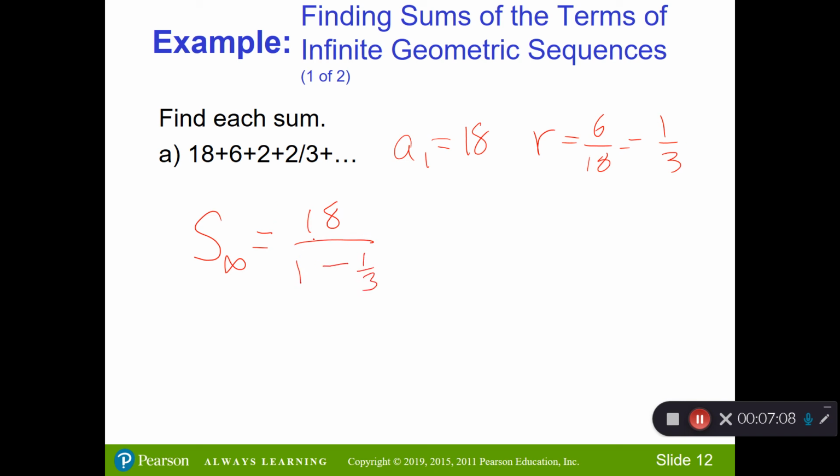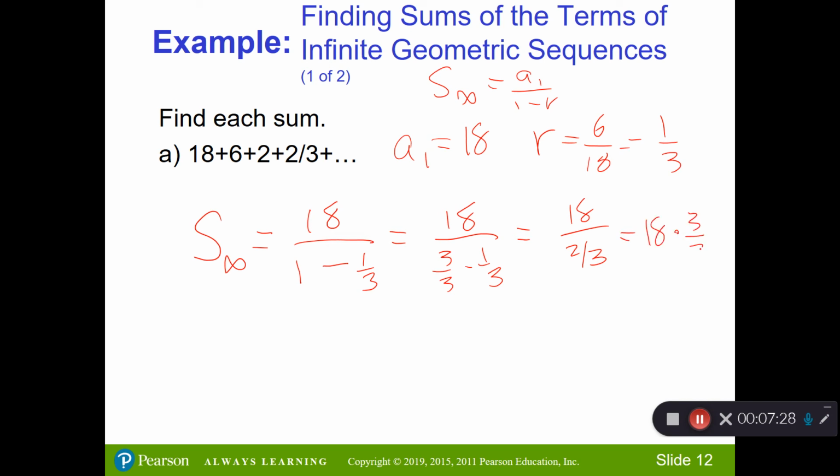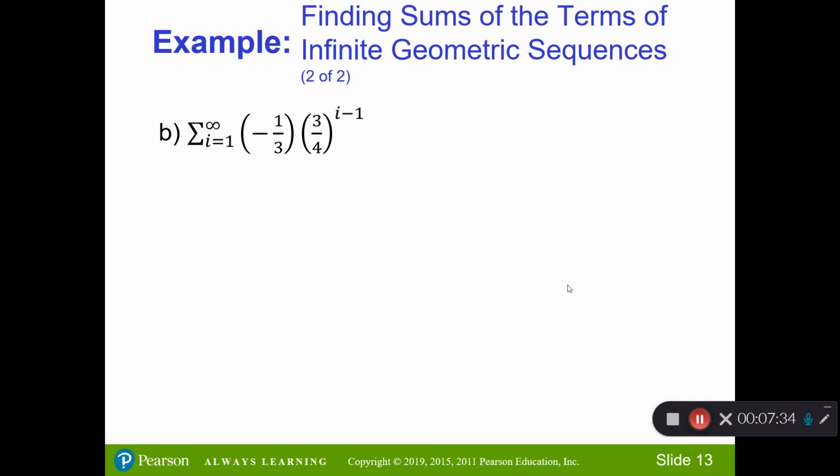This is directly the formula from the previous slide, A1 over 1 minus r. So that's 18 over 3/3 minus 1/3. So 18 divided by 2/3. So I'd flip it and multiply, making that 18 times 3/2. So 9 times 3 is 27. So the value of that sum is 27.